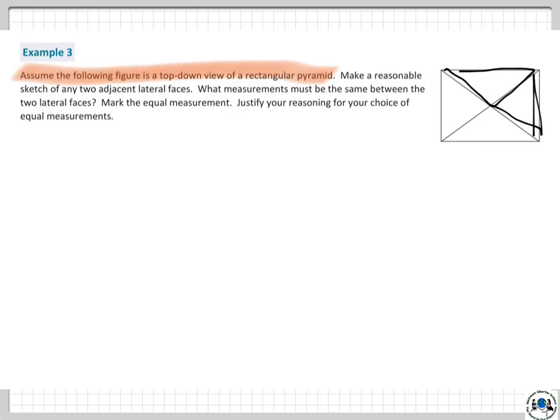What measurements, and this is the key here, what measurements must be the same between the two lateral faces, okay? Between this face, for example, and this face. What measurement must be the same, okay? Go ahead and mark those equal measurements on your sketches, using tick marks, all right, which hopefully is going to give you a little bit of a hint, and then justify the reasoning for your choice of equal measurements.